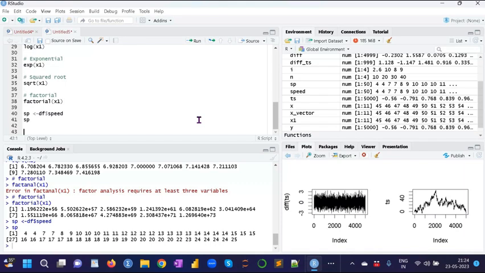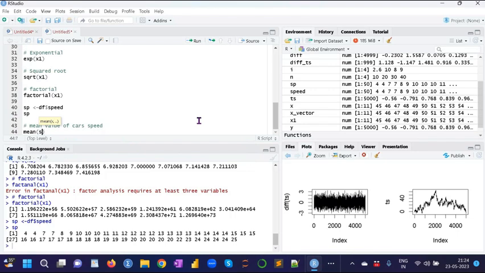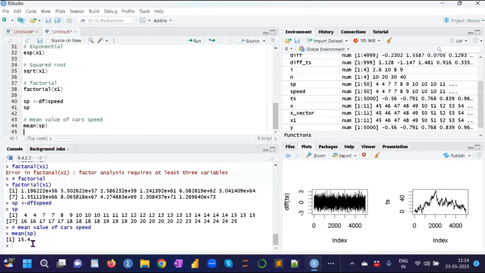Now I want to see the mean value of the speed. Then mean, where I am passing it. It gives the mean value 15.4.